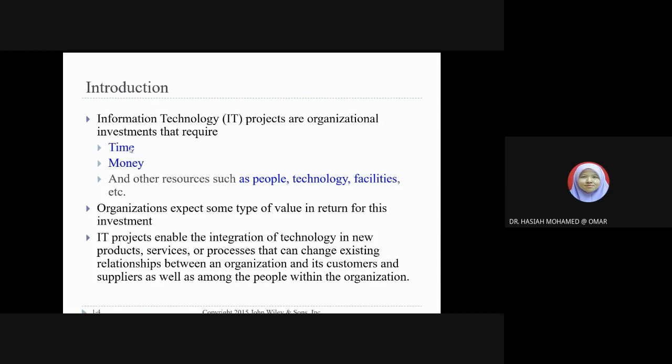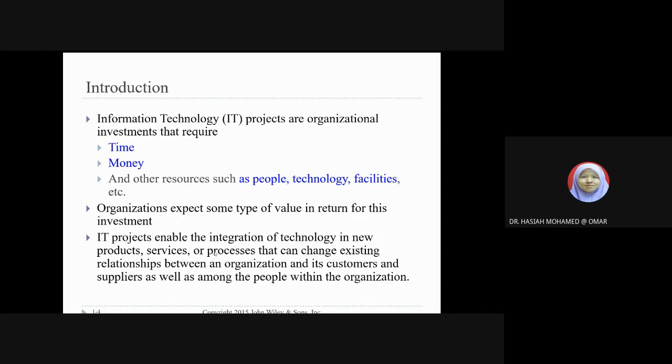Of course, the organization expects types of value in return for this investment. Investment means the money and time spent to develop the project. And of course, when we spend something, we need to have the ROI, the return on investment. We want to get the advantage or some valuable feedback from the project.